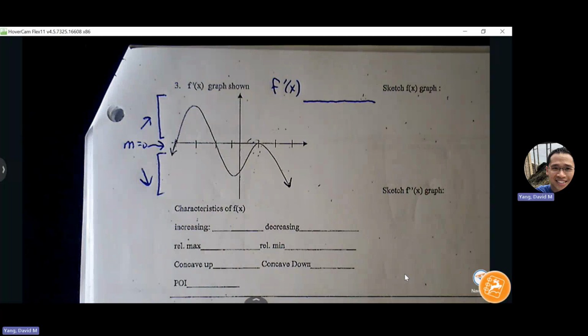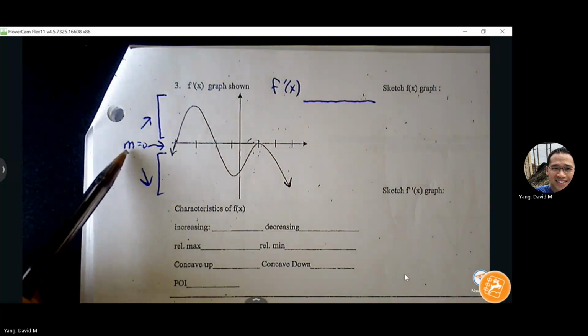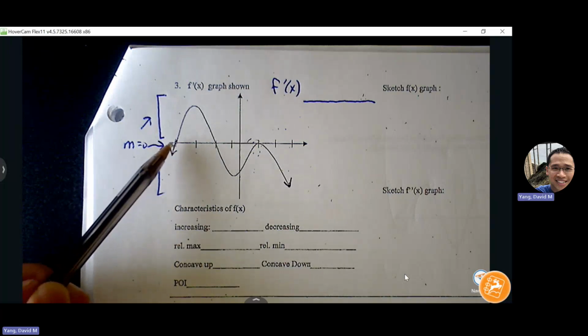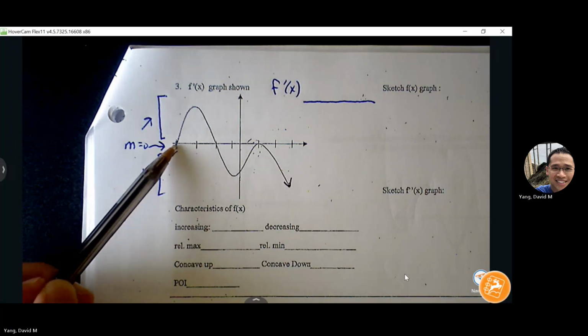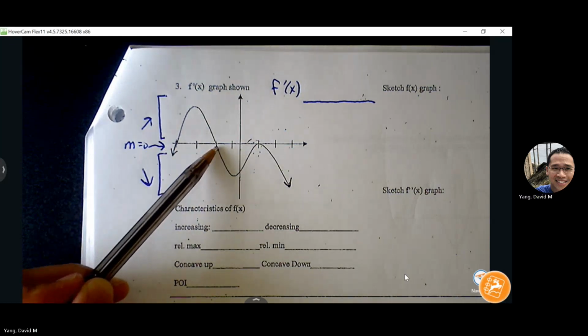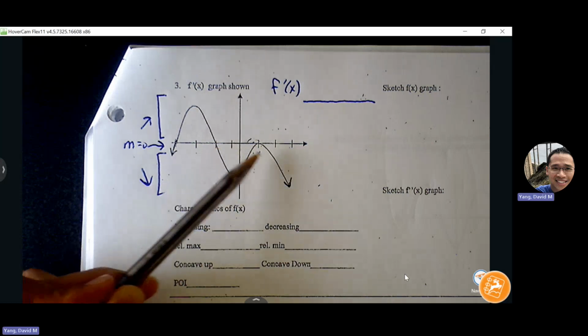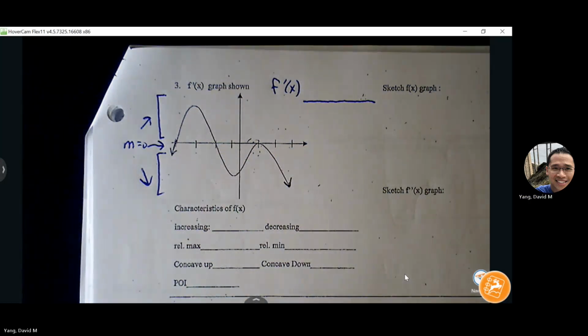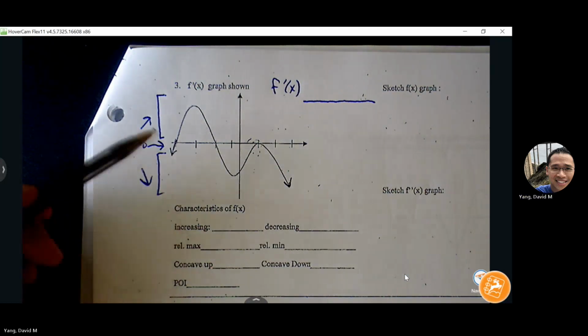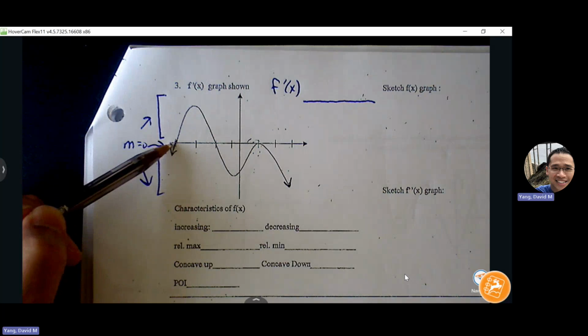Slope 0 is going to be where the x-intercepts are, right? The x-intercepts, so -3, where else? -1 and 1. Where it changes signs, x-intercepts, right?